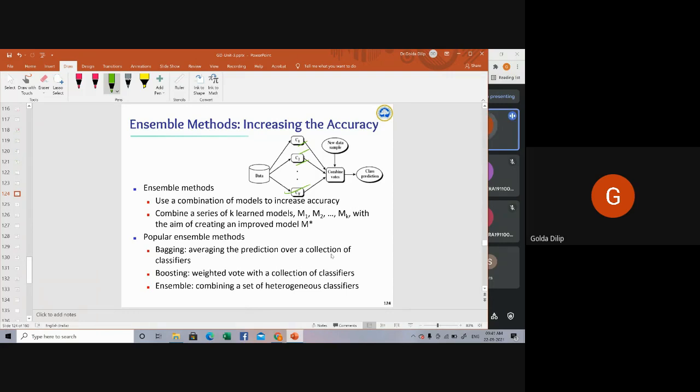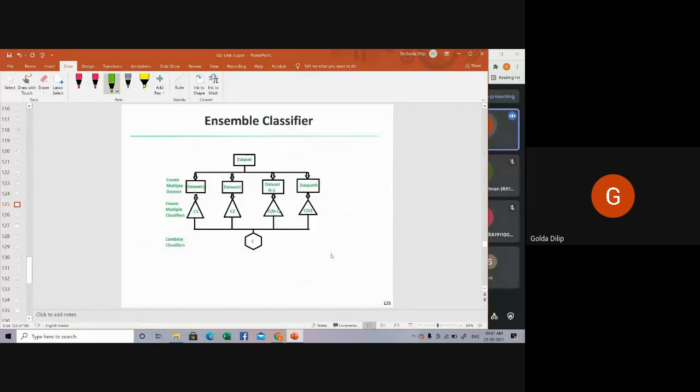You're creating multiple models and then combining them to produce an improved result. We assume that ensemble methods are more accurate compared to using a single model. That's what ensemble based methods are all about.